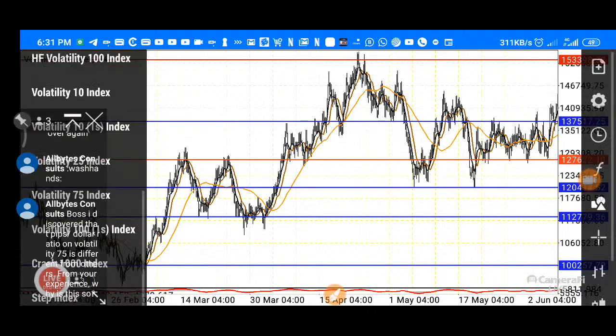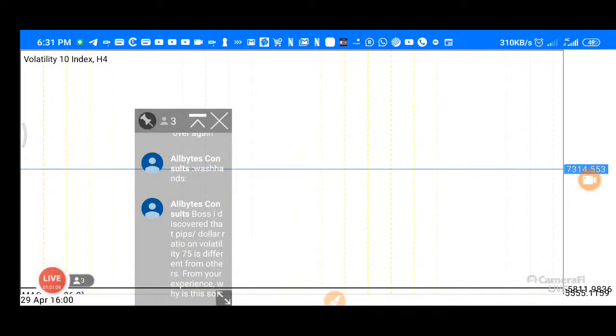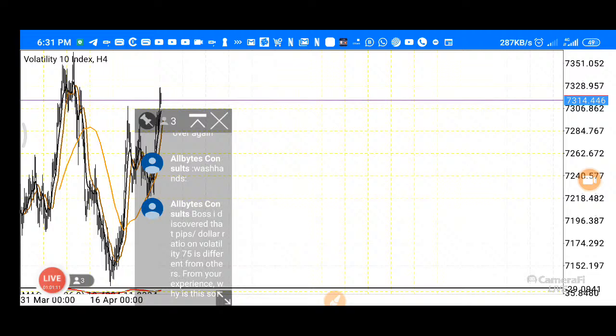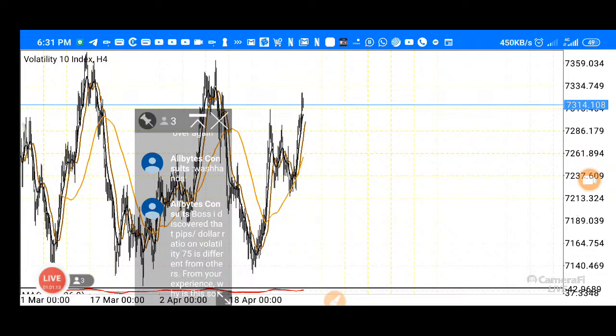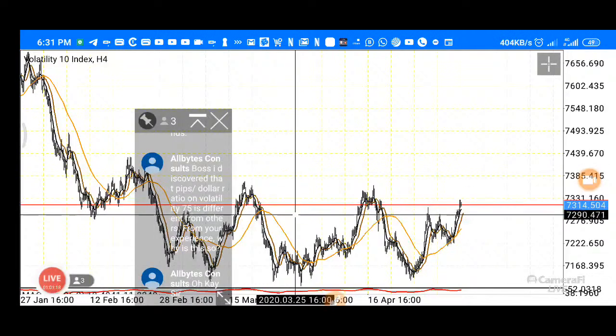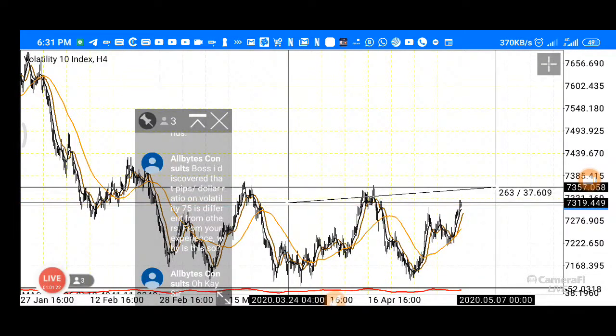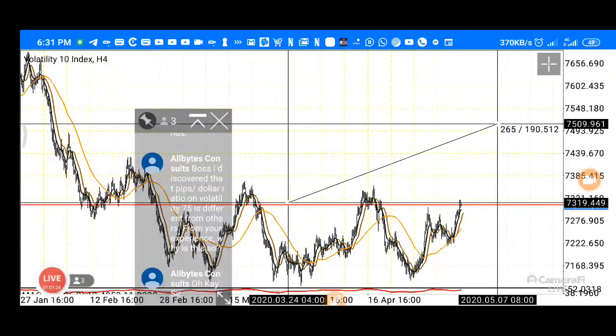So you can't compare it to, for example, Volatility 10. You can see Volatility 10 is only 4 digits. So let me see. You can see the pips here. You can see 30.